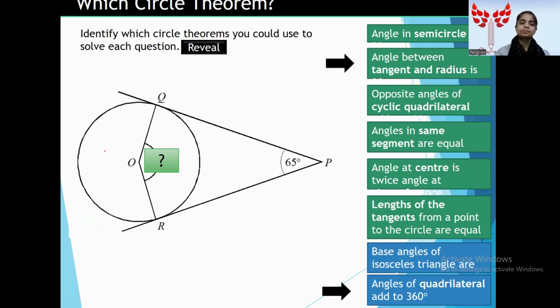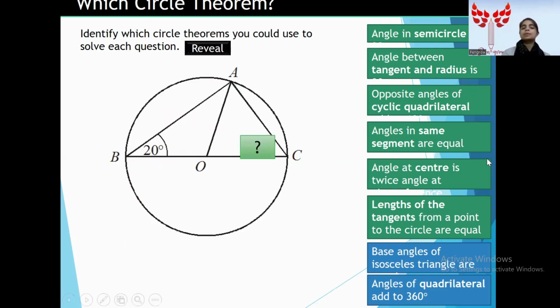This is a 90, this is also a 90, and the angles add up to 360. So 90 plus 90 is 180, and then 180 minus 65 would give us the answer. Let's check the answer. That is 115. So yeah, we are clear on this concept.